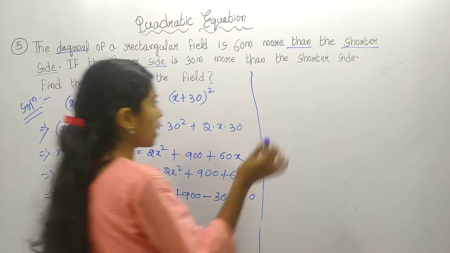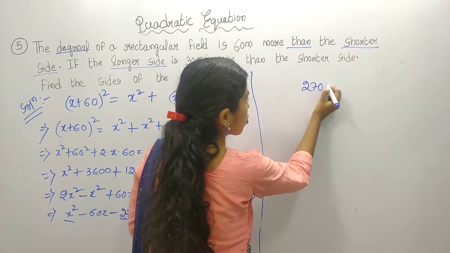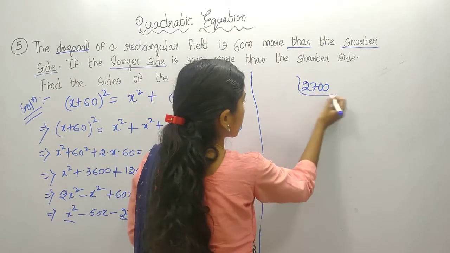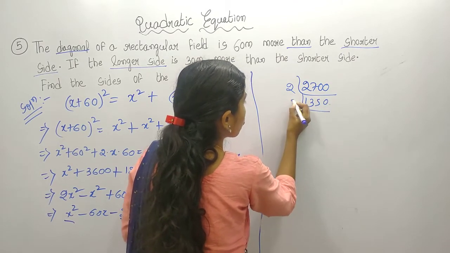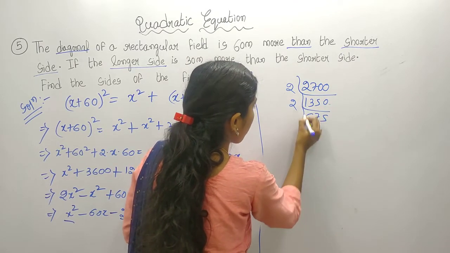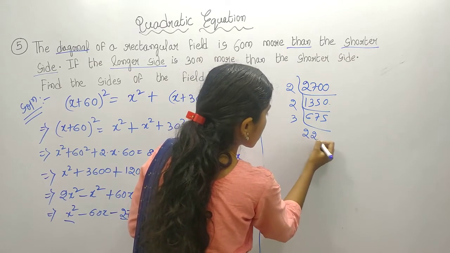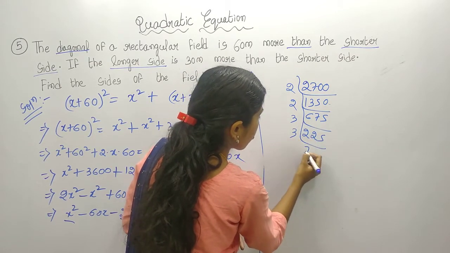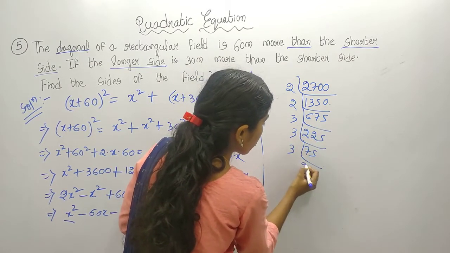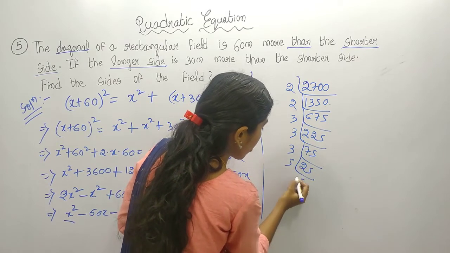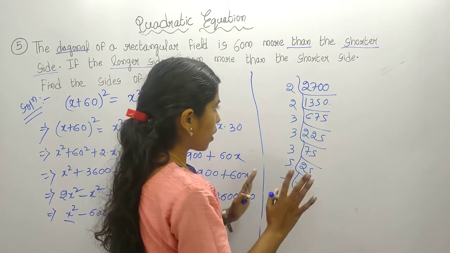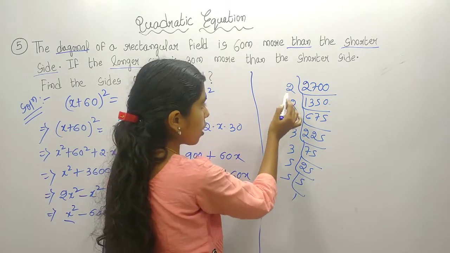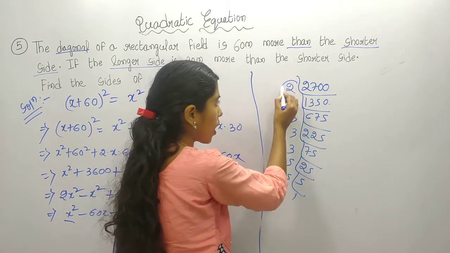How will you find the numbers? You see, 2 1 2, 2 3 6, 2 5 10, and so on, down to 5 5 25, 5 1 5. So how will you get the two numbers? No need for confusion. Here two 2s are there, so you take 1 two from that.